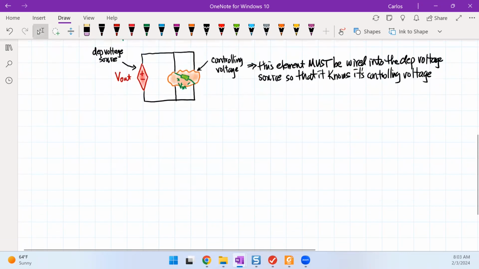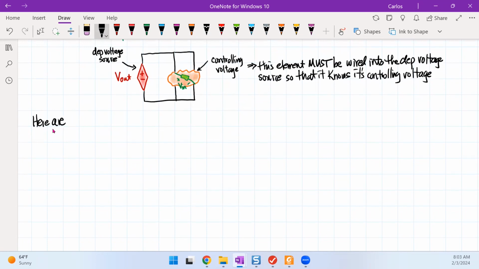So let's look at some of the details and then we'll label them. So here are the details.